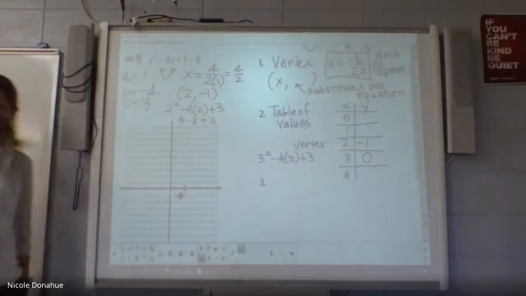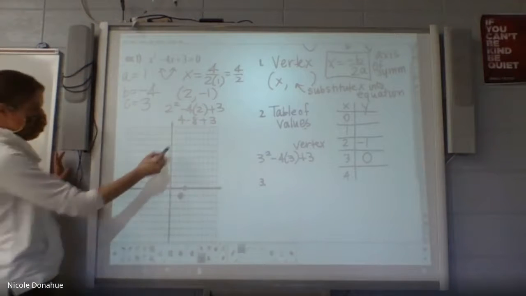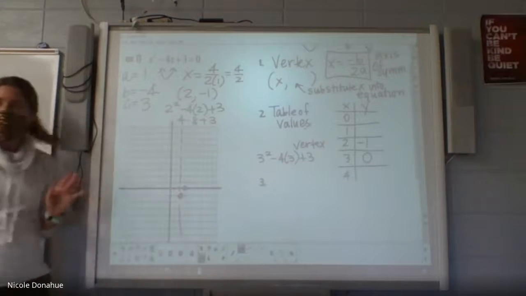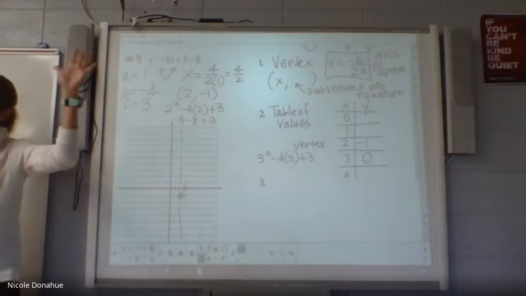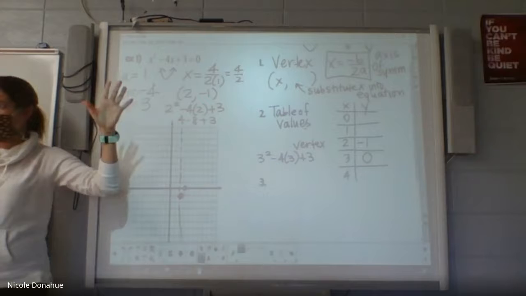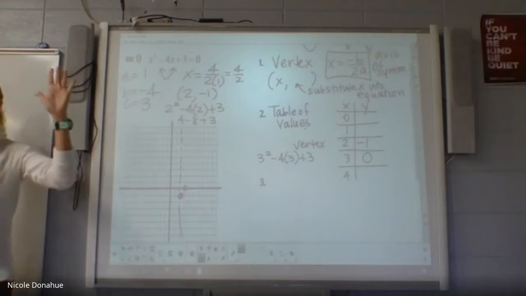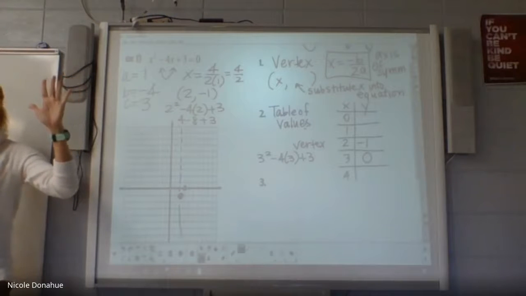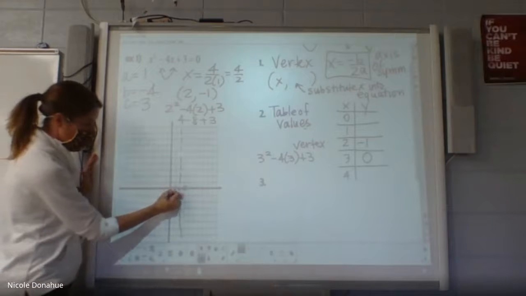Now, okay, hang on a second though. For our axis of symmetry, remember, you don't need to draw this line, but there should be symmetry through this line. So if I go up 1 and over 1 over here, what's going to happen on this side? It's symmetry, so exactly the same. If it's up 1 over here, it should also be up 1 over 1 here.